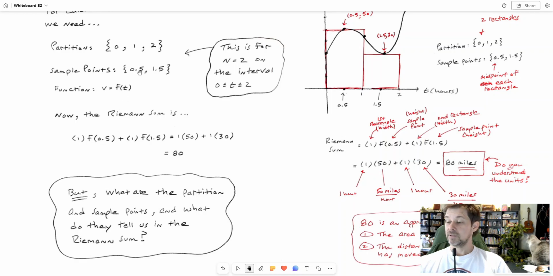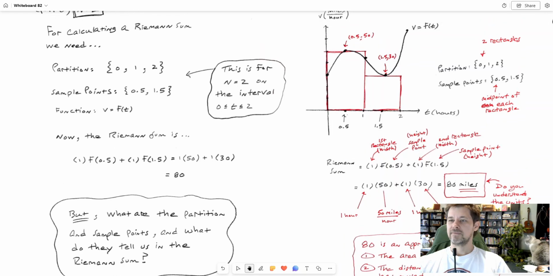That first sample point 0.5, and then you take the next distance from 1 to 2, that's 1, and you take the next sample point and put it into the function, f of 1.5. And then you calculate 1 times f of 0.5 plus 1 times f of 1.5. Now, where do I get f of 0.5 and 1.5?